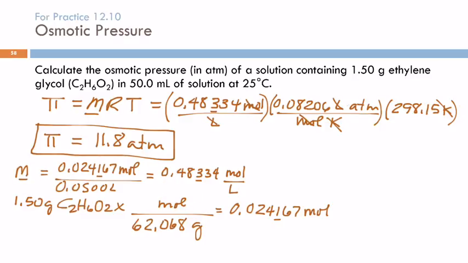Could you do that practically? You would have to apply a pressure of almost 12 atmospheres just to stop osmosis from occurring in the forward direction. Reverse osmosis is only going to work on something like tap water that has a very, very low molarity to start with. So then you don't have to put 12 times atmospheric pressure on it to cause it to flow in the opposite direction.